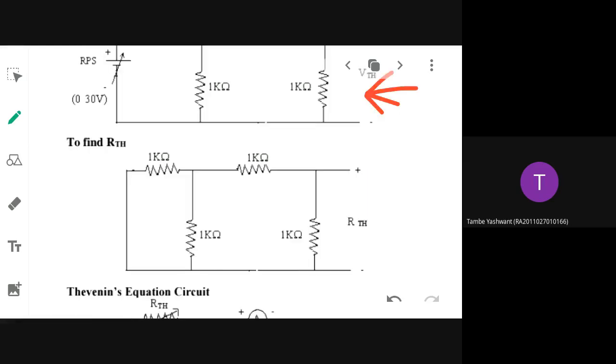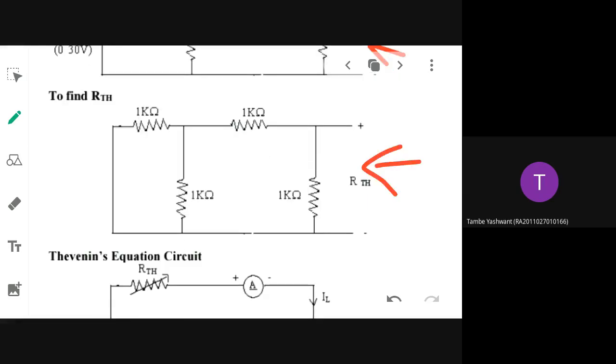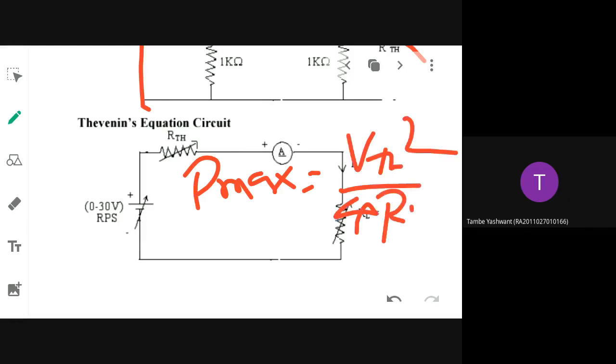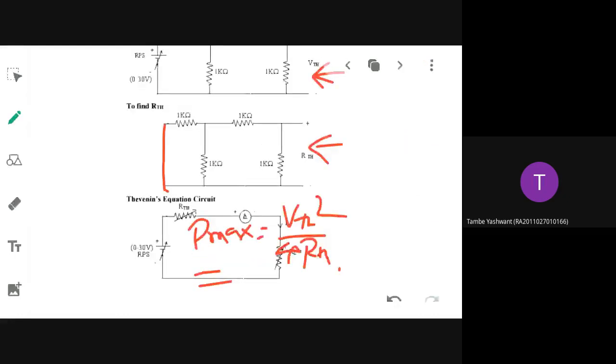Then as usual, for R Thevenin you have to kill the voltage source, and find R Thevenin from the backside terminal. Then substitute those in the formula for P max, V Thevenin square divided by 4 R Thevenin, V square by R. That will give you the maximum power that you find from the tabular column.